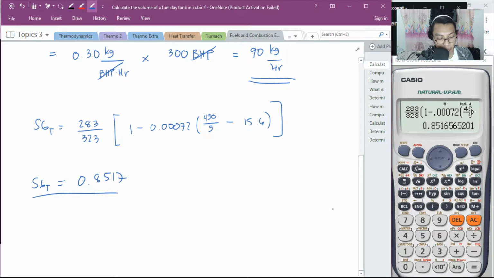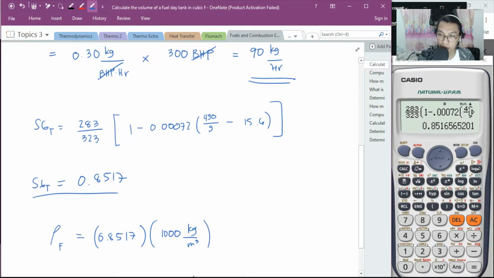Ngayon, kukunin mo na yung kanyang density. So, the density of the fuel at that 130 degrees Fahrenheit, that is equal to yung SG na to, 0.8517, you just multiply it with yung sa water, density ng water. That is 1,000 kilogram in every cubic meter.